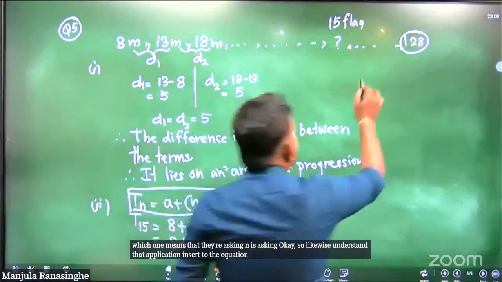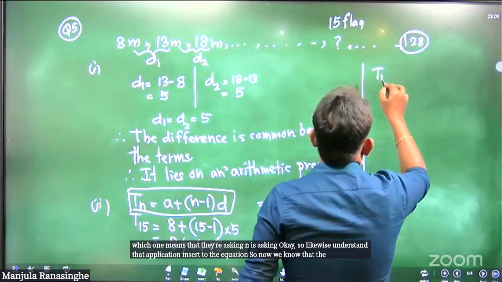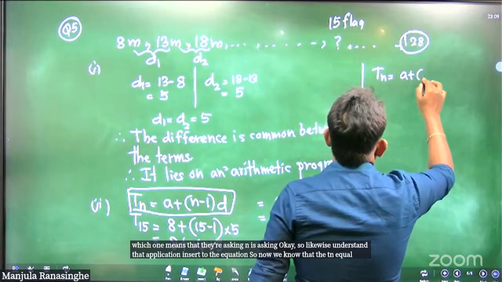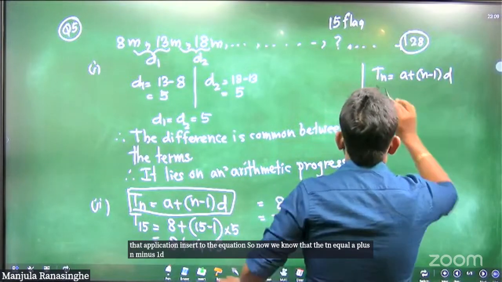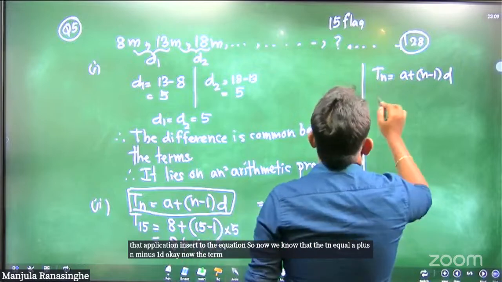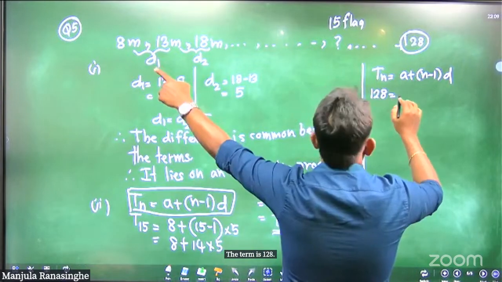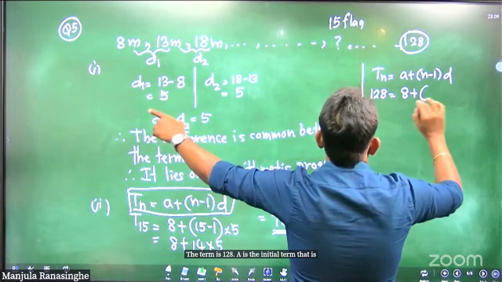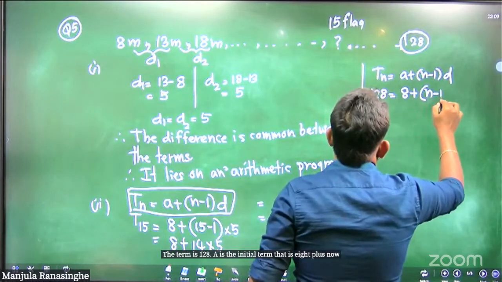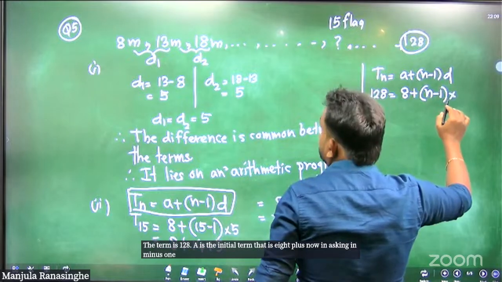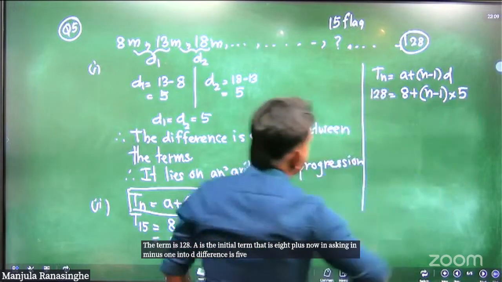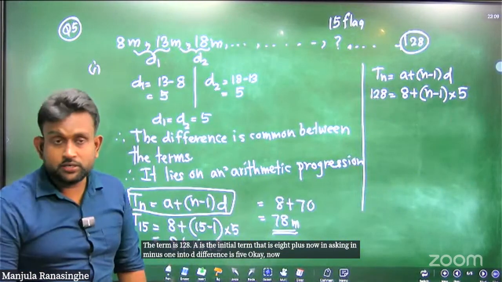So we know that Tn equals a plus n minus 1 d. The term given is 128. A is the initial term, 8, plus n minus 1 into d, difference is 5. Now simplify this linear equation.